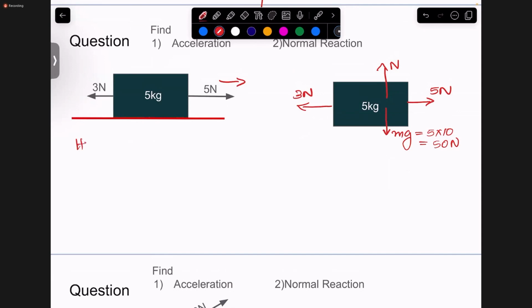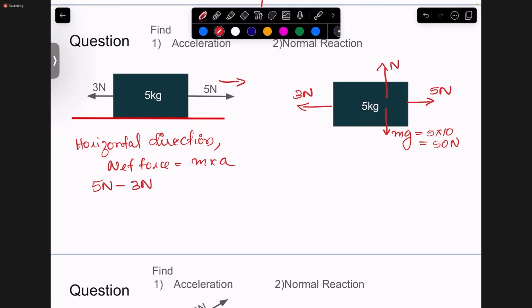In the horizontal direction, we are considering the acceleration, the motion of this block. So net force equals mass times acceleration. Net force is what? 5 Newton minus 3 Newton, because they are opposite in direction, is equal to 5 times a.